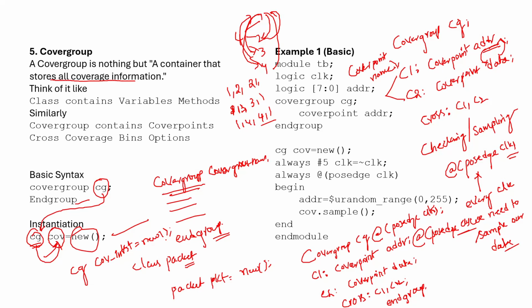Clear? Any doubt in this cover group and then cover point? How we are instantiating the cover group with the clocking event at the rate posedge clock, and that means every posedge clock I need to sample my data.